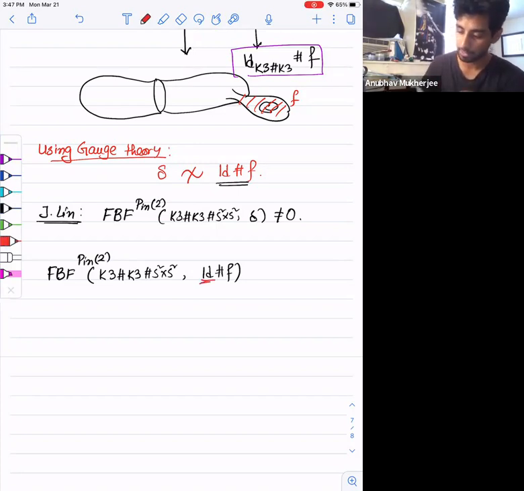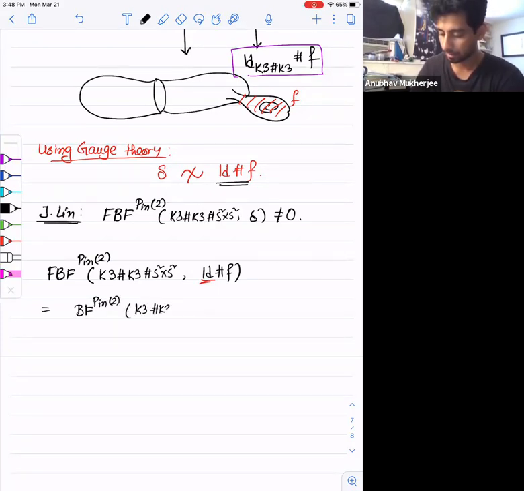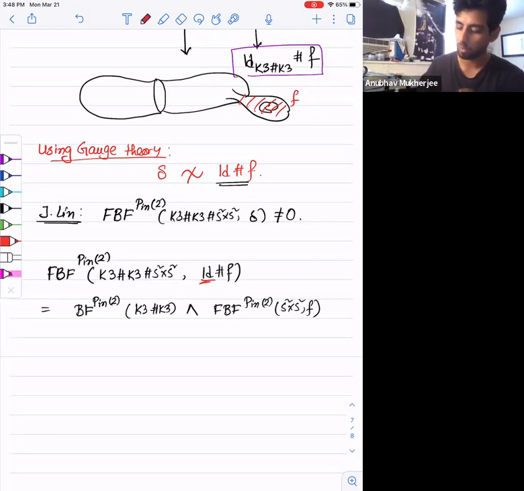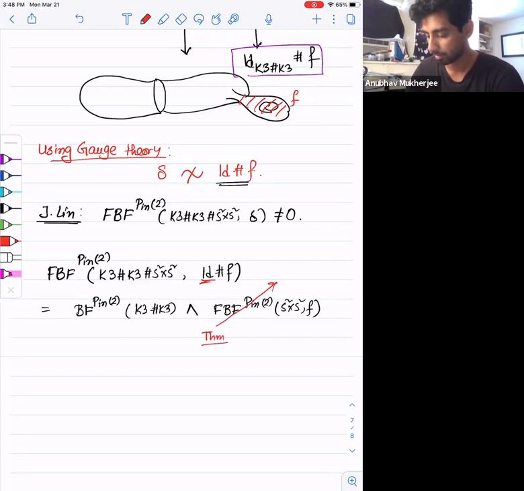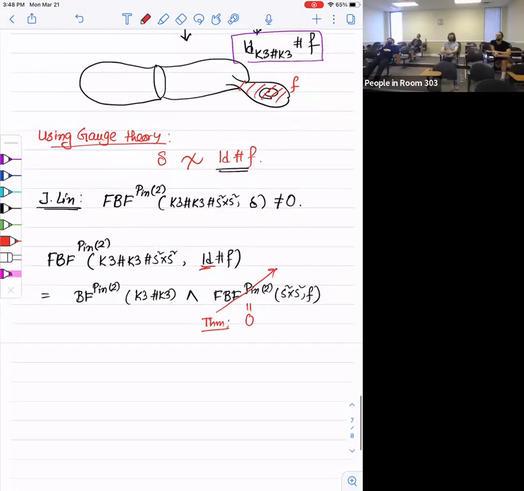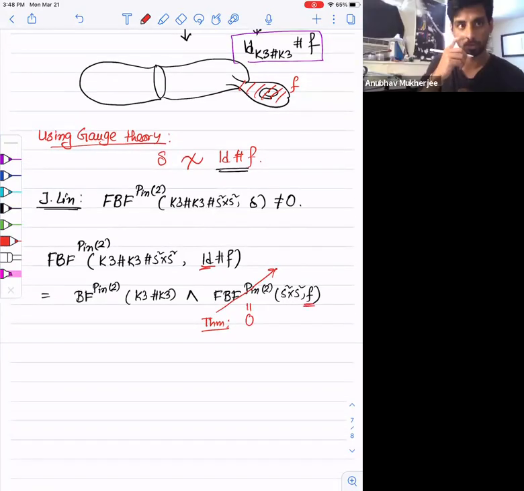If this map is identity, this breaks into the regular Bauer-Furuta of K3 connected sum K3 smashed with the Pin(2)-equivariant family Bauer-Furuta of H2 cross H2, comma F. And then what we proved, one of the main theorems of our paper, is that this is always trivial, for any F. Any choice of diffeomorphism, this is trivial.